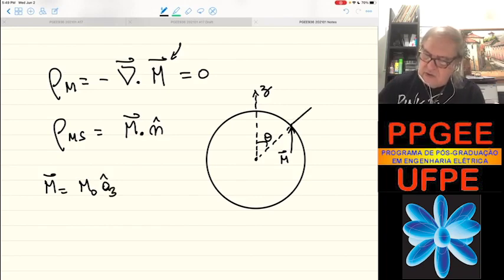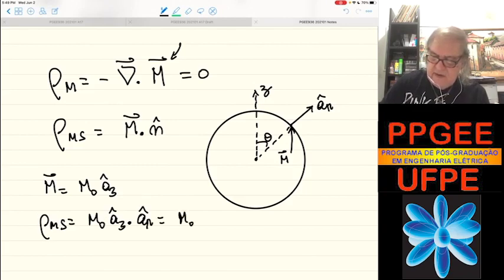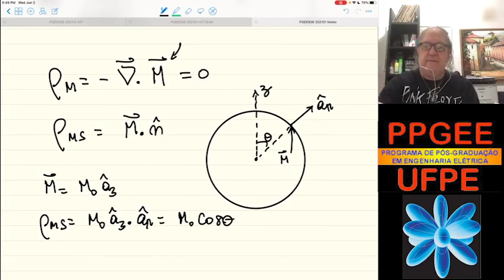The normal outwards is a_r. So rho_ms, the magnetic charge density on the surface, is m0 a_z dot a_r, which is m0 cosine theta. Right? So that's what we have.